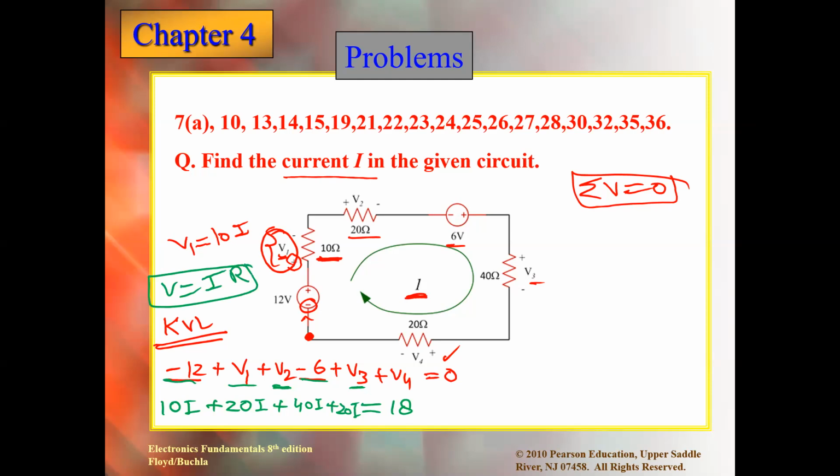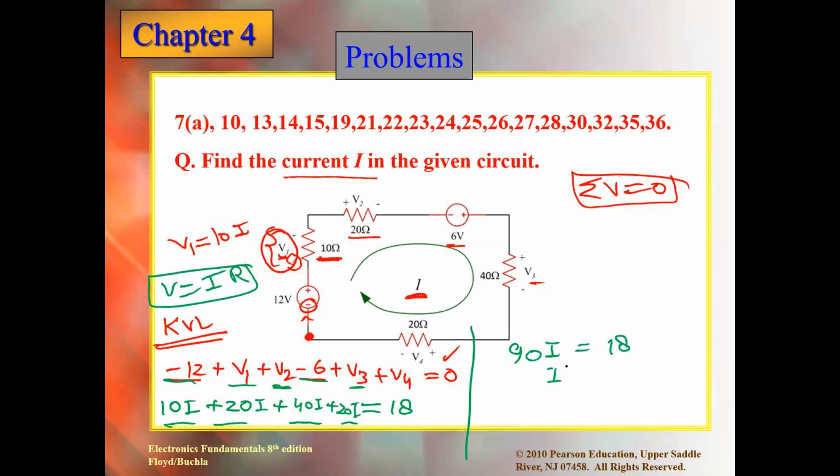I is unknown. Now, can you add all these? Yes, because I can be taken common. So when you solve it, 10 plus 20 plus 40 is 70, 70 plus 20 is 90. Will it be 90I? Yes.